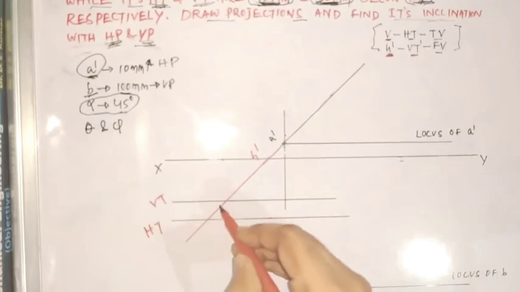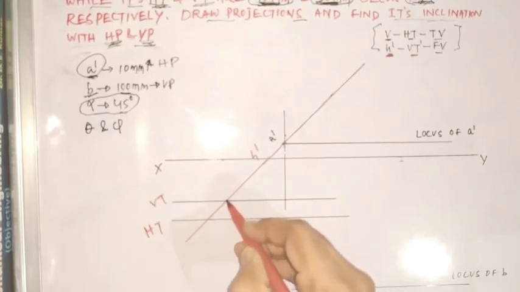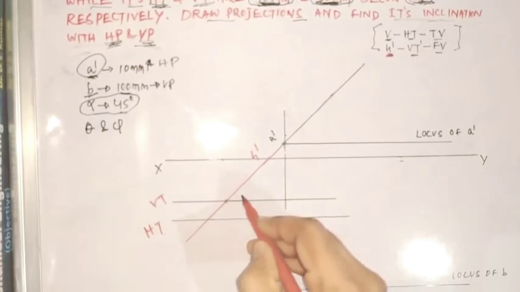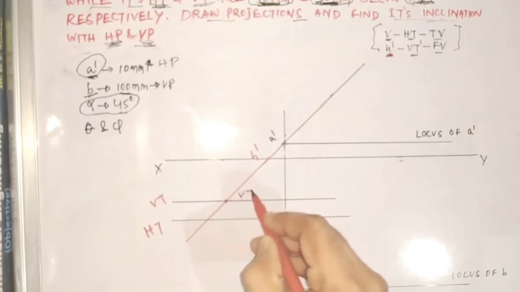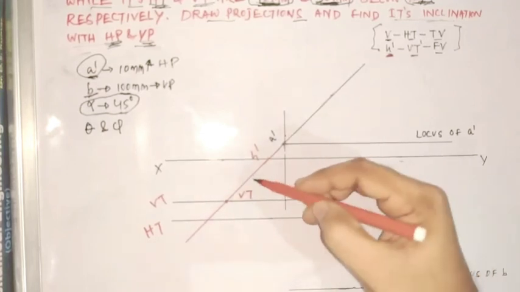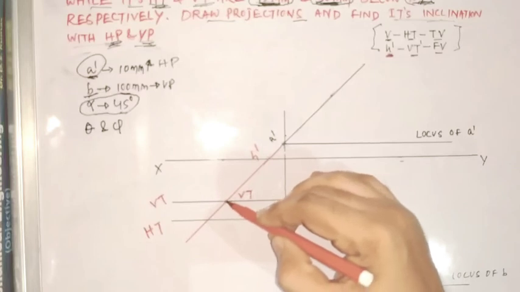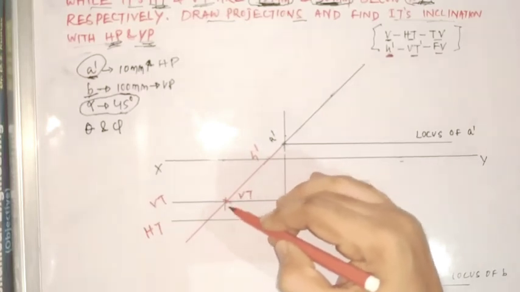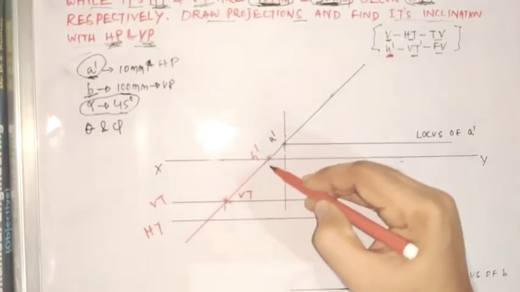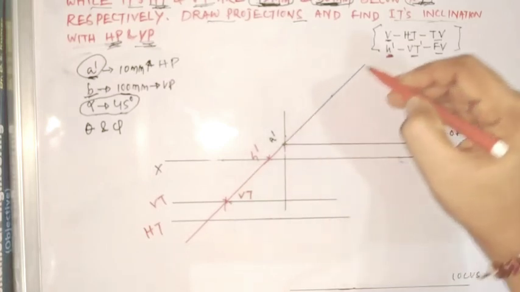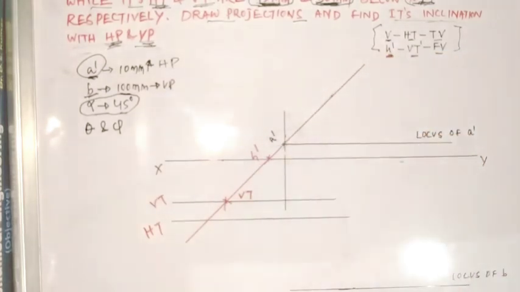So in this line only we'll be getting the vertical trace, so this point will be giving you the vertical trace. So from here we can get that this point will give me the vertical trace, this will be the H dash point, and in this line we'll be getting the front view.